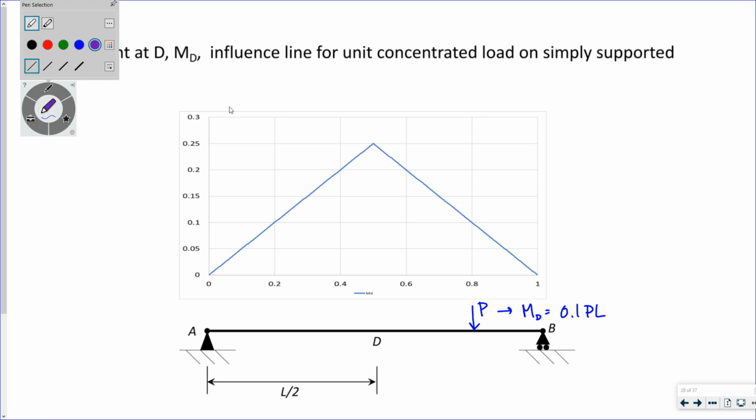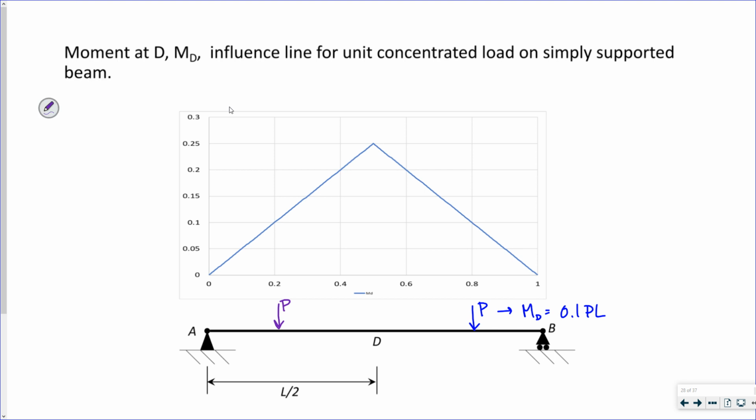If I put it over here, I'm actually going to get the same thing because this is symmetric. That results in a moment at D of 0.1 PL.